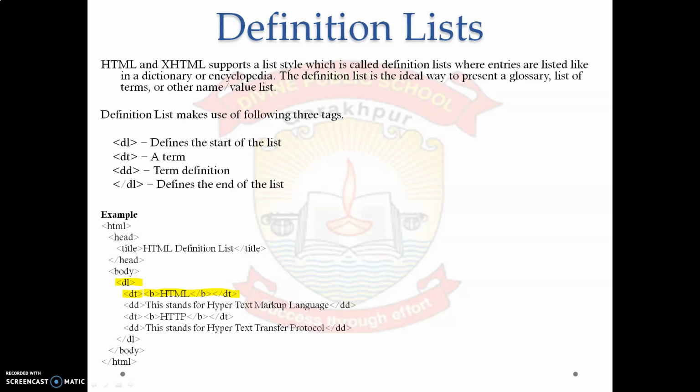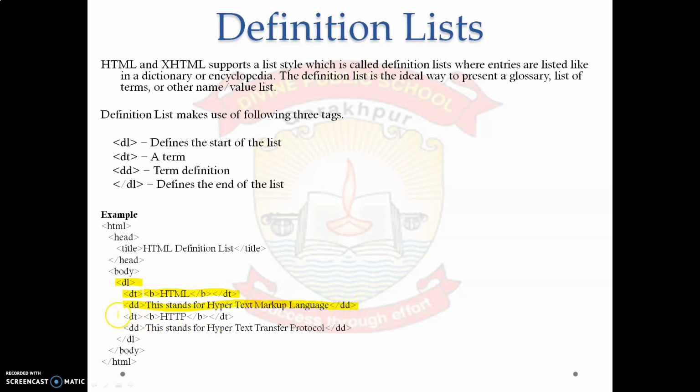The word whose meaning we are going to define becomes bold. And the DD tag, this stands for hypertext markup language, and DD close means data definition is there. Whatever the data is HTML, and the definition is, this stands for hypertext markup language.